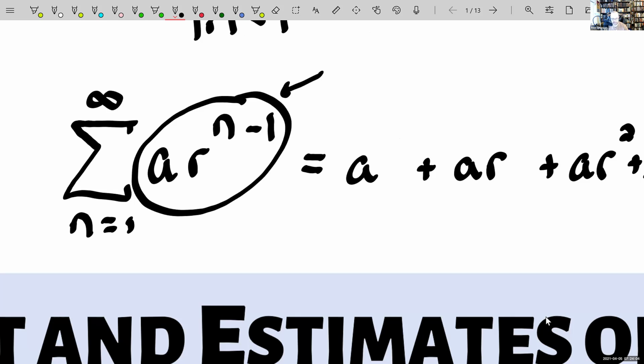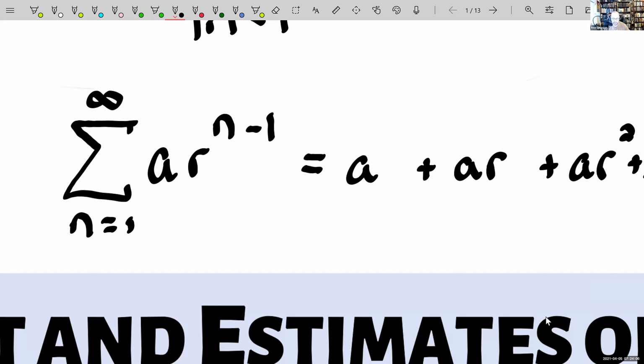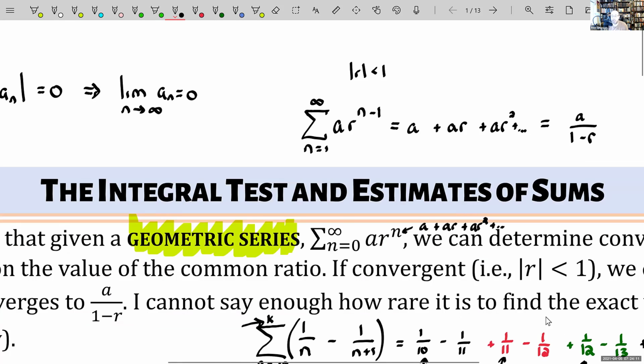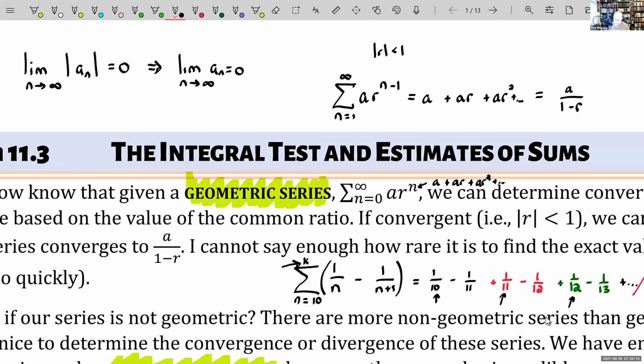That's the divergence test. That's a really powerful test, very popular and very fast to start with on any type of series problem.